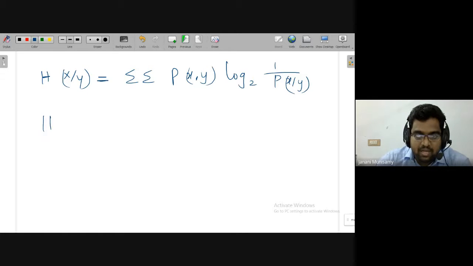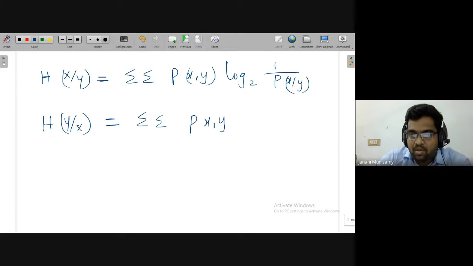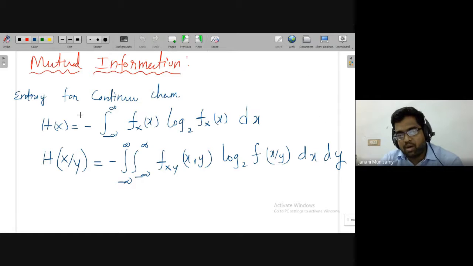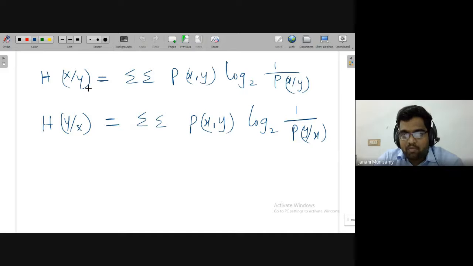Or if it is h of y given x, summation p of x comma y, log base 2 1 by probability of y given x. Okay, these are all the regular formulas. So we have seen the entropy formula for the continuous channel, and then for discrete cases, the conditional entropy.